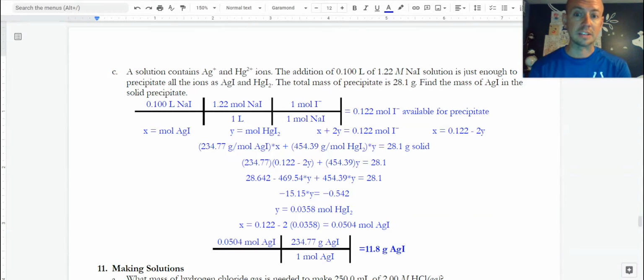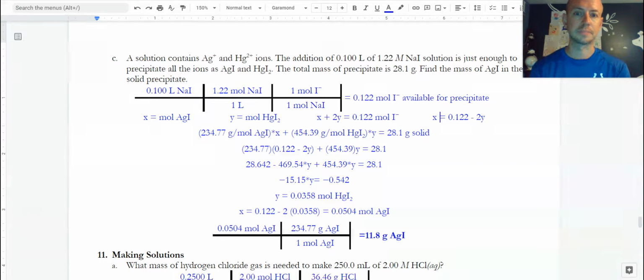So every 1 mole of HgI2 actually has 2 moles of I. So hopefully that relationship makes sense. There's 1 mole of I in every mole of AgI, but there's 2 moles of I in every mole of HgI2.